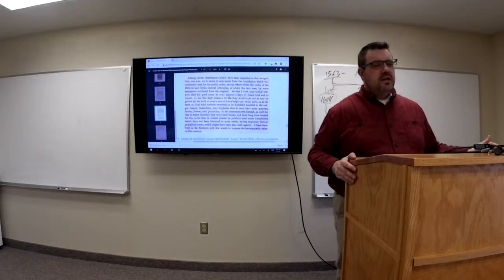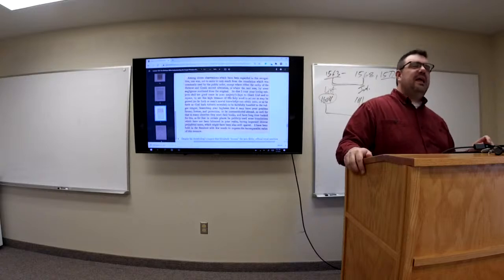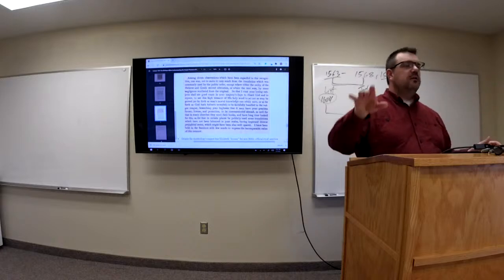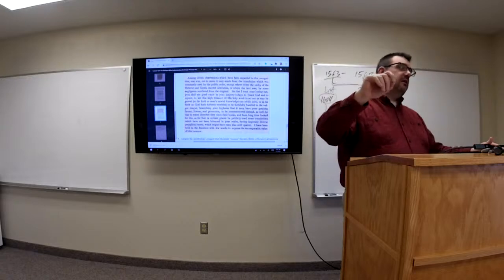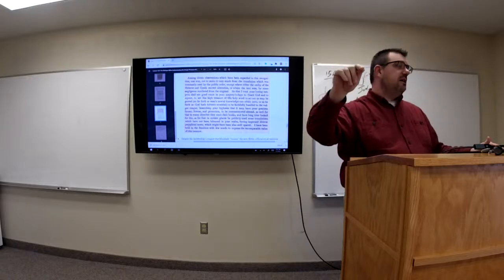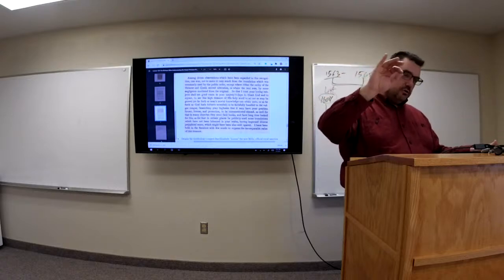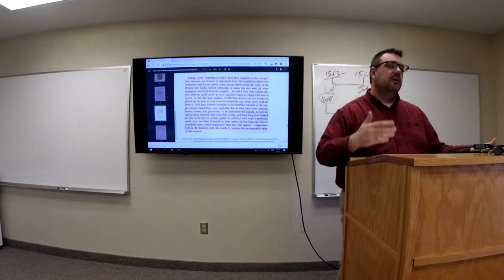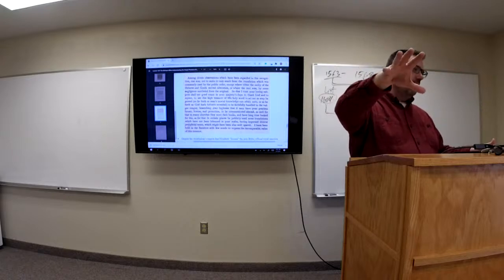So the Geneva Bible in the Old Testament is hands down better than the Old Testament in the Bishop's Bible. And when we look at the times and the places where the King James translators altered the Old Testament text, the majority of the time, not all the time, but the majority of the time that they're altering the Old Testament text from the Bishop's Bible, they are often making it very similar to the Geneva Bible in those places.